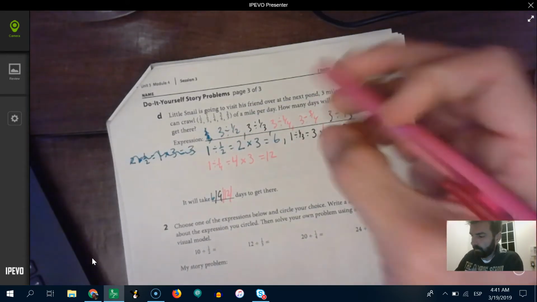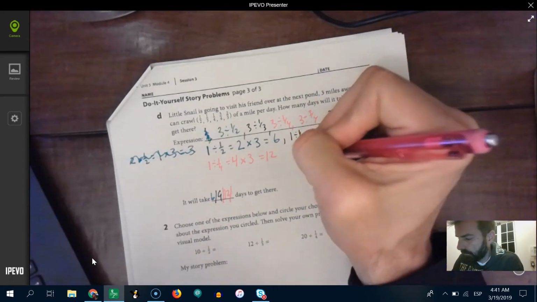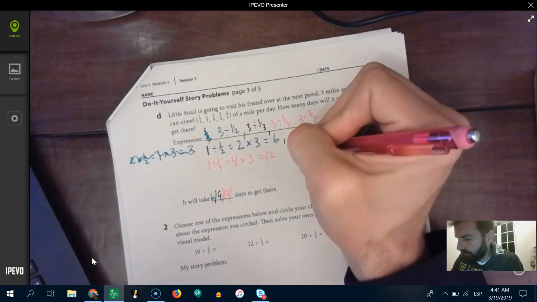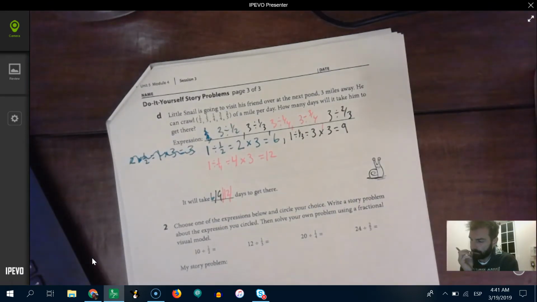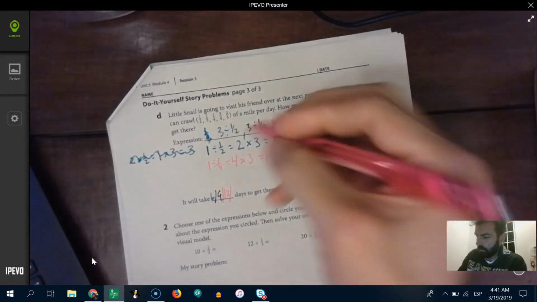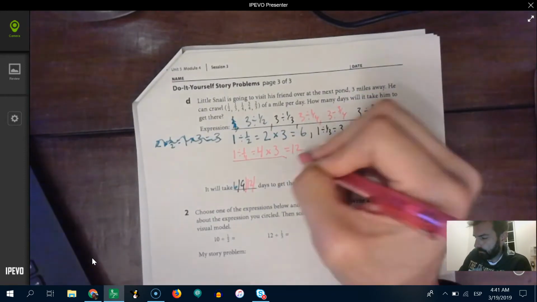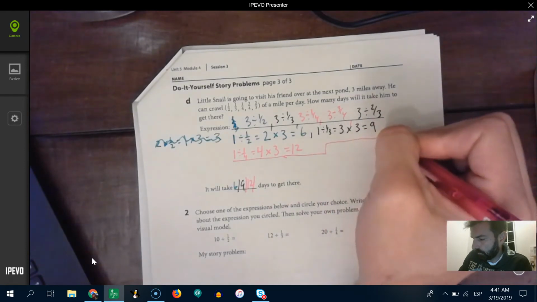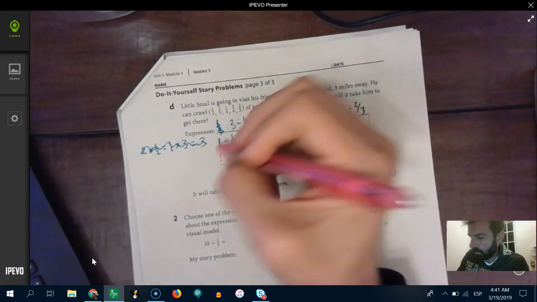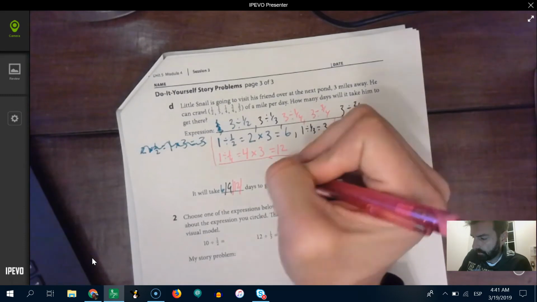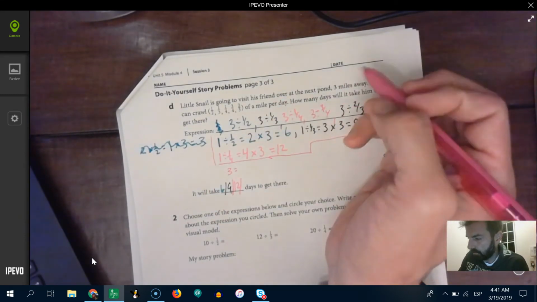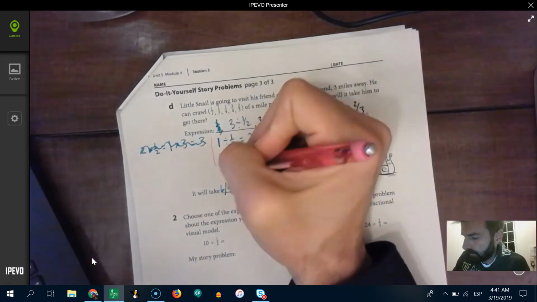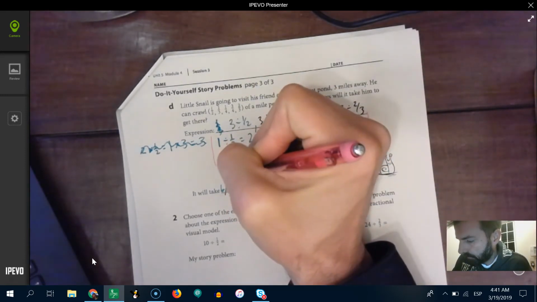Let's look at 3/4. How would I go about figuring that out? If I have the number 3, I'm looking at fourths here, so that is equal to 12/4.